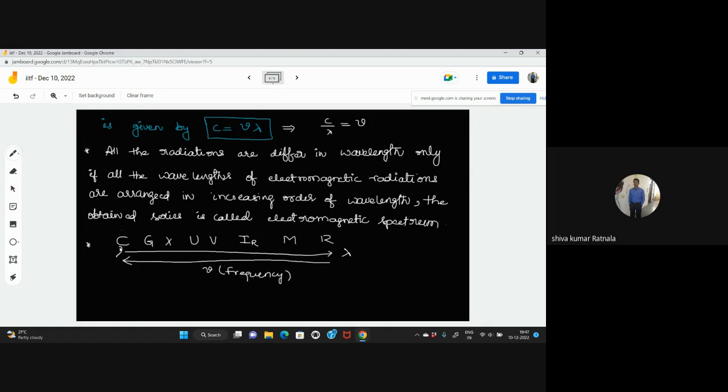In this one, C indicates cosmic rays. G indicates gamma rays. X indicates X-rays. U represents ultraviolet, and V represents visible.